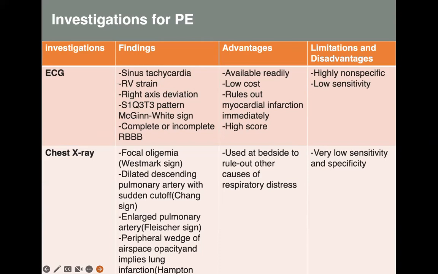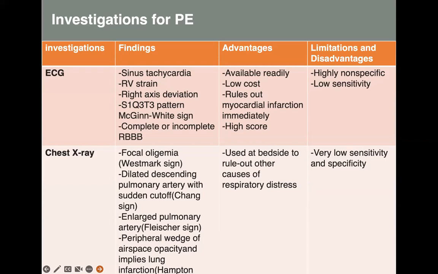We have a Q in lead 3 and T wave inversion in lead 3 as well. So we see this pattern, we have to think of high probability of having a PE, but also we might have right axis deviation. So once we see this, it's because now the PE is causing the strain or the congestion in the pulmonary vessels.